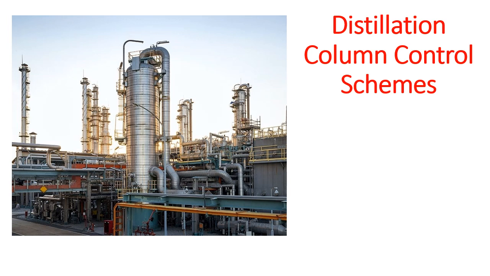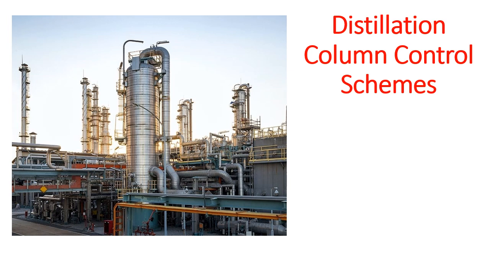In this particular lecture, we're going to talk about distillation column control schemes. Distillation columns are one of the main equipment in the process industry, and often maintaining this distillation column becomes one of the major operational costs of a particular plant.